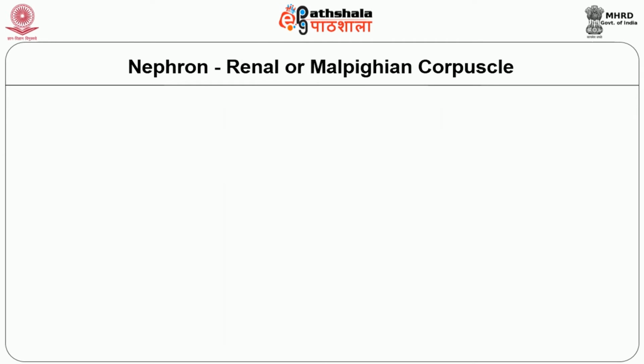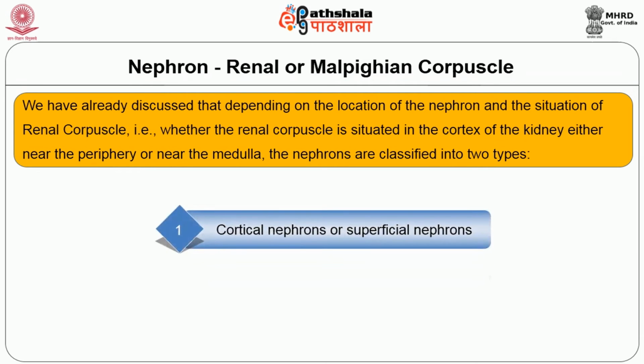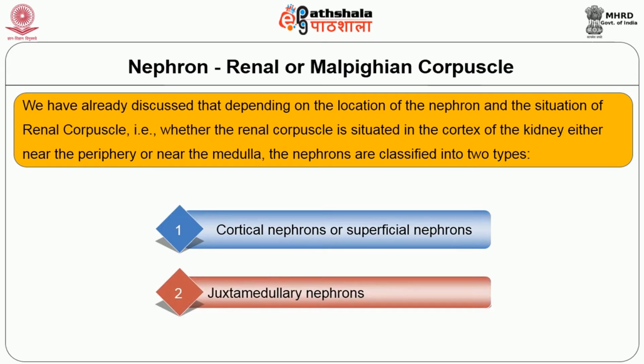Now, let us understand the juxtaglomerular apparatus in some detail. We have already discussed that depending on the location of the nephron and the situation of the renal corpuscle, whether the renal corpuscle is situated in the cortex of the kidney, near the periphery or near the medulla, the nephrons are classified into two types: cortical nephrons or superficial nephrons and juxtamedullary nephrons.